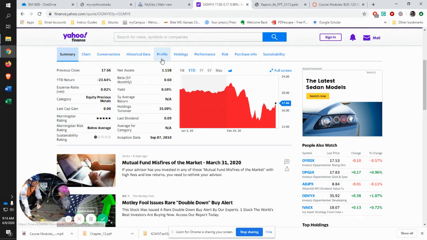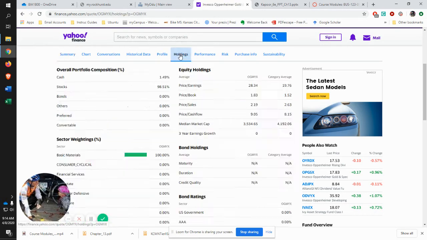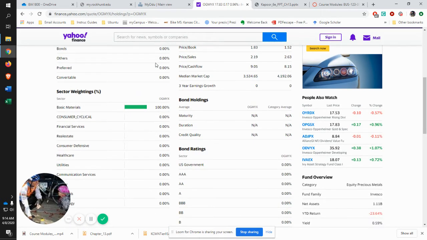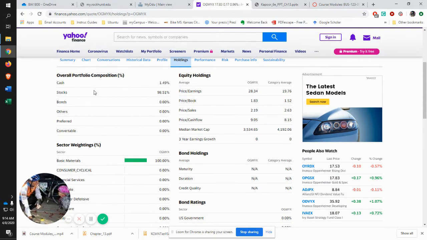So remember, mutuals have a bunch of different things that they hold. So let's look at the holdings. For this fund here, the Invesco Oppenheimer Gold and Special Minerals, it has all of its money invested in basic minerals and all of it in stocks.